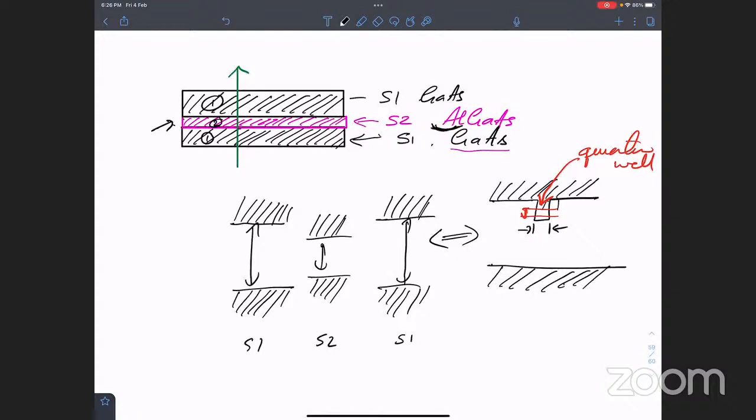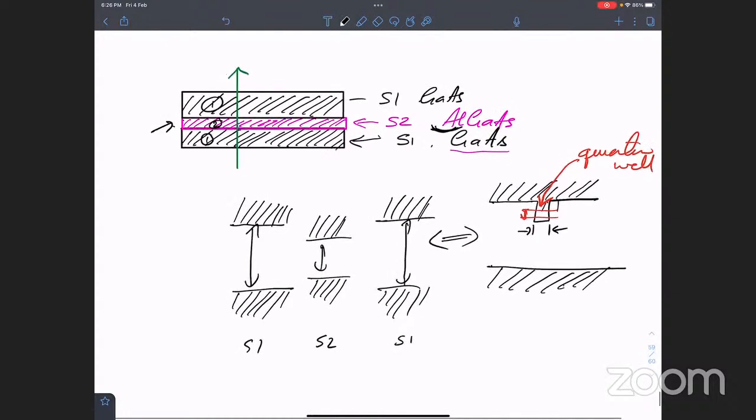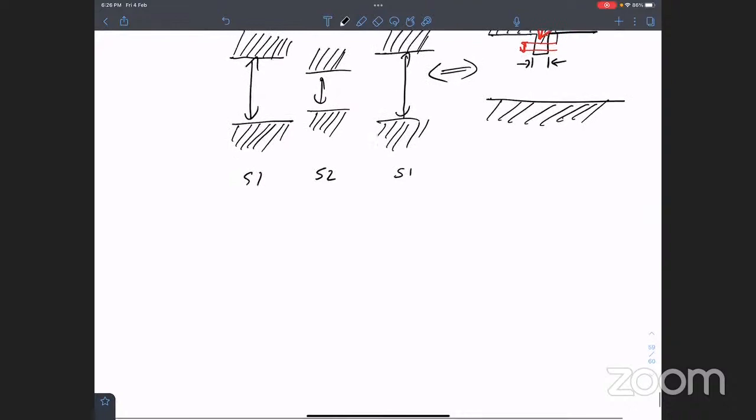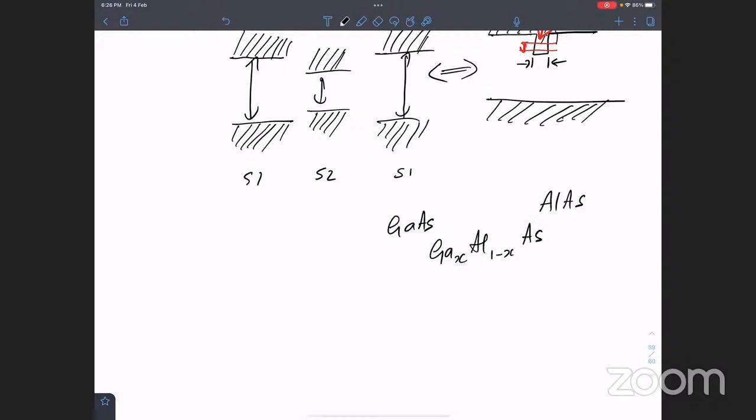I'll tell you. So this is gallium arsenide, and on the other hand, I have another semiconductor, aluminum arsenide. Now I can have different kinds of alloys: gallium x, aluminum 1 - x, arsenide.